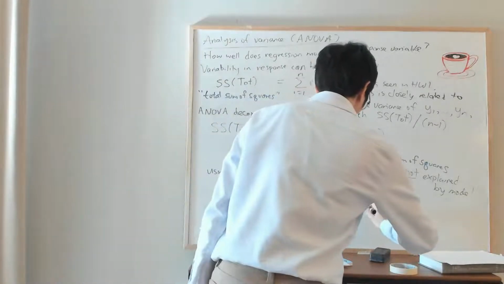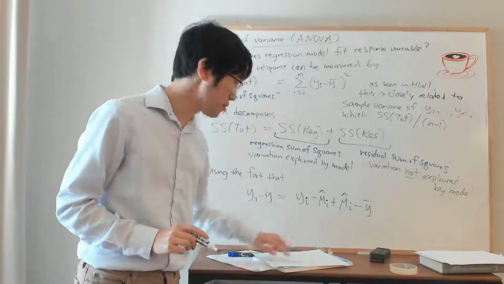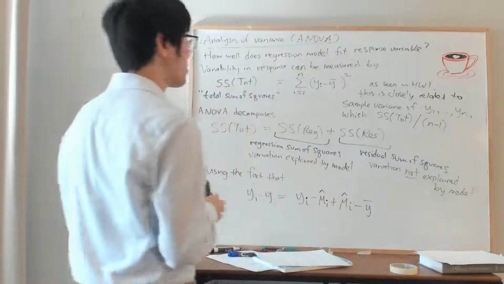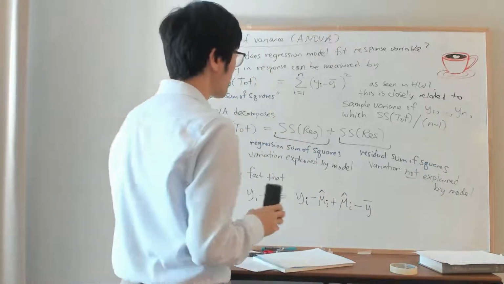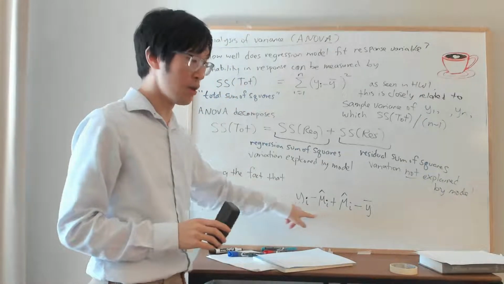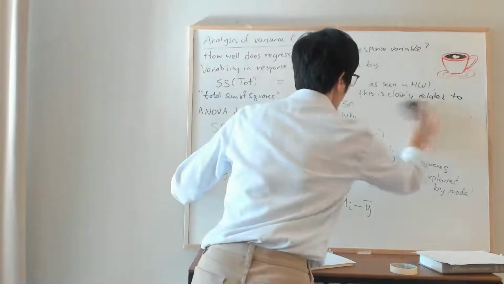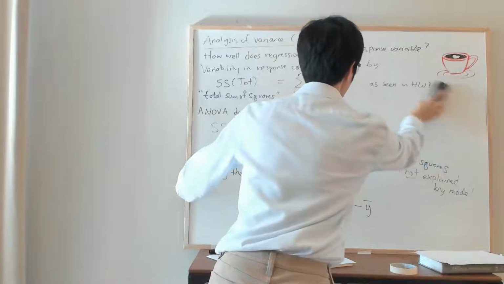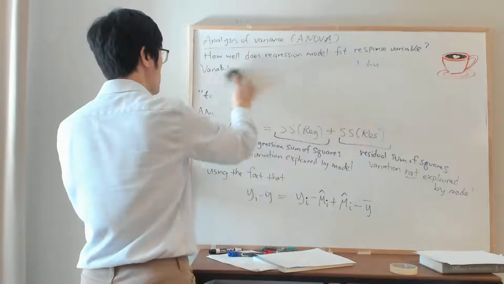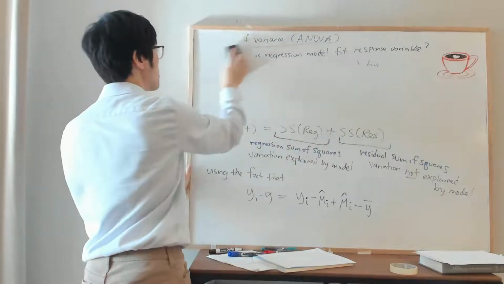And so the ANOVA decomposition uses this fact. Now before I start looking at the math, let's draw a picture so we can illustrate why this is an intuitive idea. The reason we start with simple linear regression is because things are easier to visualize, because we can use a scatter plot between x and y to illustrate all of these relationships.